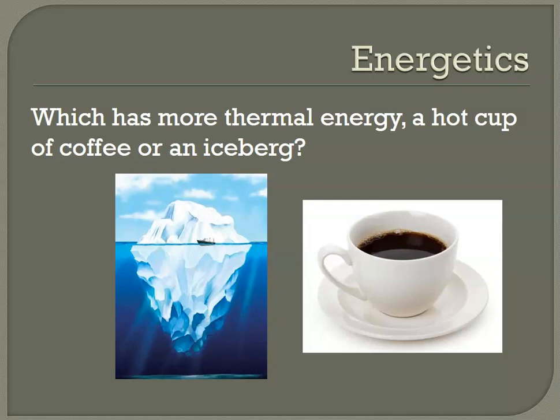Let's assume the iceberg is at freezing, which is 273 degrees Kelvin, and the cup of coffee is at 75 degrees Celsius or 350 degrees Kelvin. Although the cup of coffee is warmer, the iceberg is thousands of times larger than a cup of coffee. The iceberg contains more thermal energy because the particles are moving, and it's much larger than the cup of coffee.